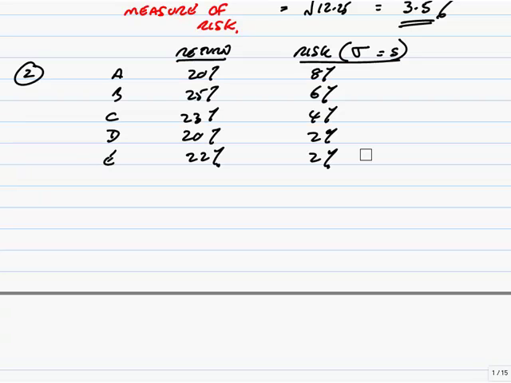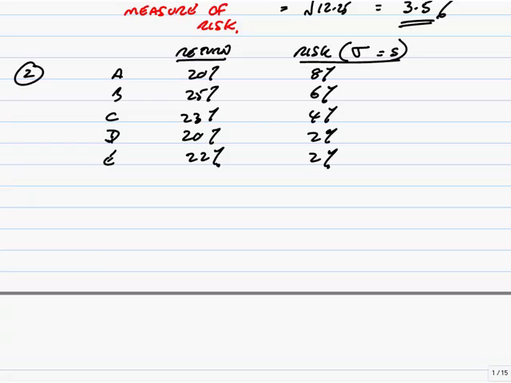You will accept more risk, but only provided you get a higher return to compensate you for that risk. And so here, we can't say which is the best of these 5 investments, but we can identify certainly 2 that we'd never choose.